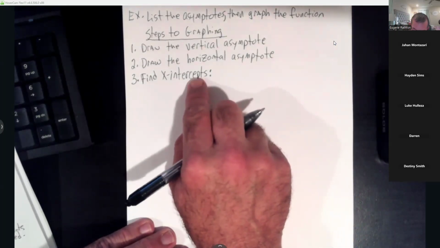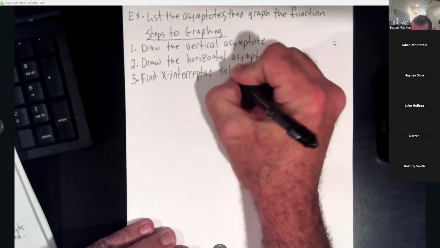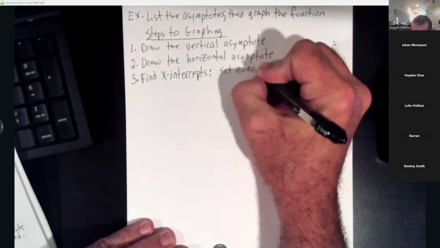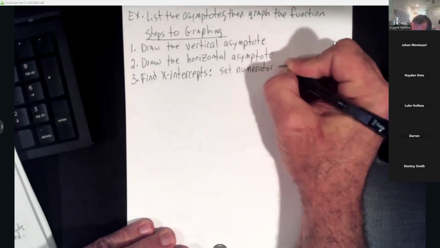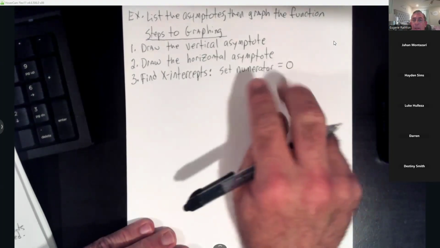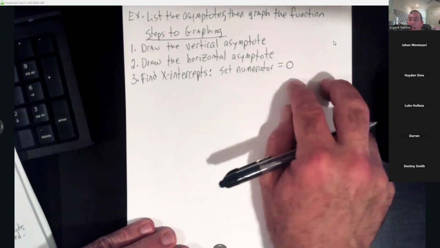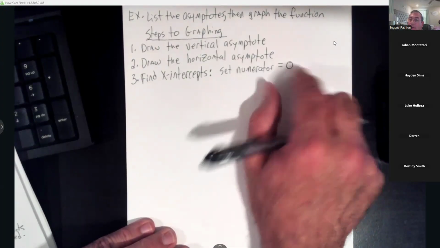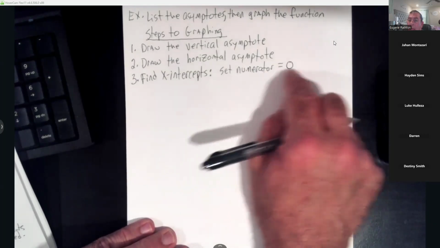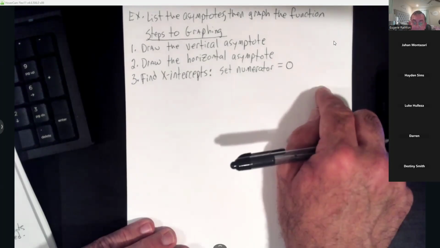And to find the x-intercepts, I set the numerator equal to 0 and solve it, okay? So that'll give me either 1, 2, or none. Sometimes if you don't have a variable in the numerator, then that means you don't have an x-intercept and it's not crossing over the x-axis.